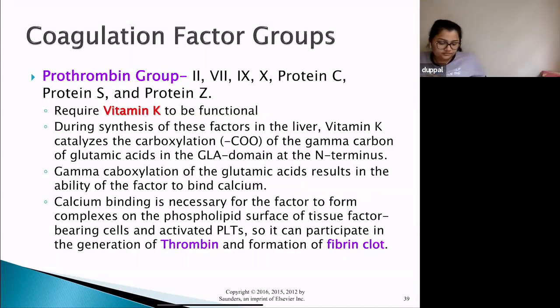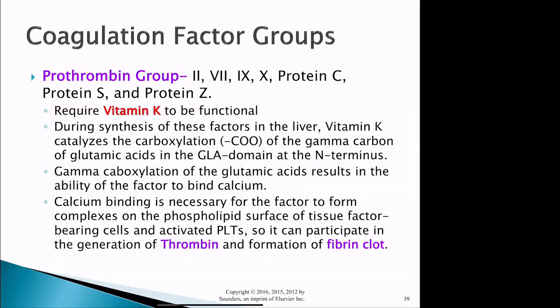All right, the other group is the prothrombin group. That has prothrombin, factor 2, factor 7, factor 9, factor 10, protein C, protein S, and protein Z. The important thing about this group, and you should put a big star next to this, is that they require vitamin K in order to be functional.